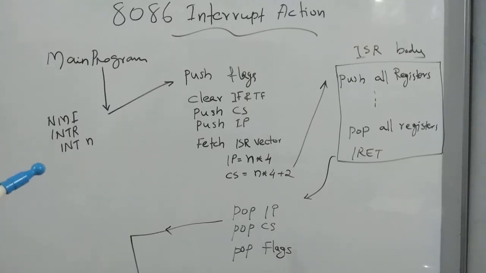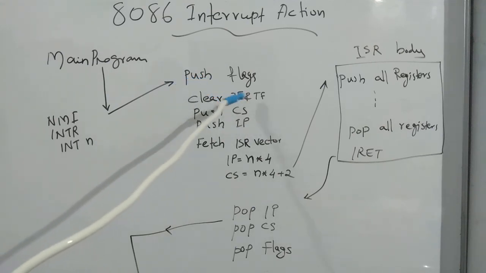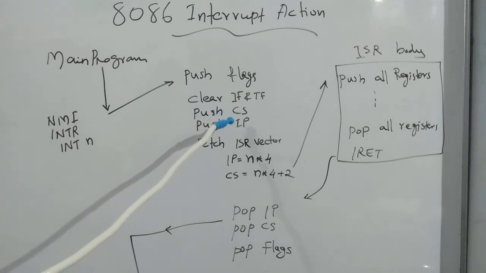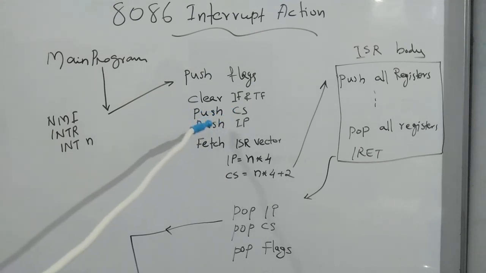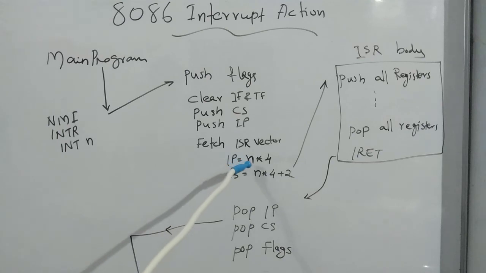Let us summarize 8086 interrupt activities. See the main program. At a point, an interrupt request happens through the NMI line or INTR line or INT n. Then the control should be transferred to an interrupt service routine. Before that, it should push all the flags, clear IF and TF, then push CS and IP because it has to resume the execution of the main program. After that, CS and IP will be modified: IP equal to n into 4 and CS equal to n into 4 plus 2.